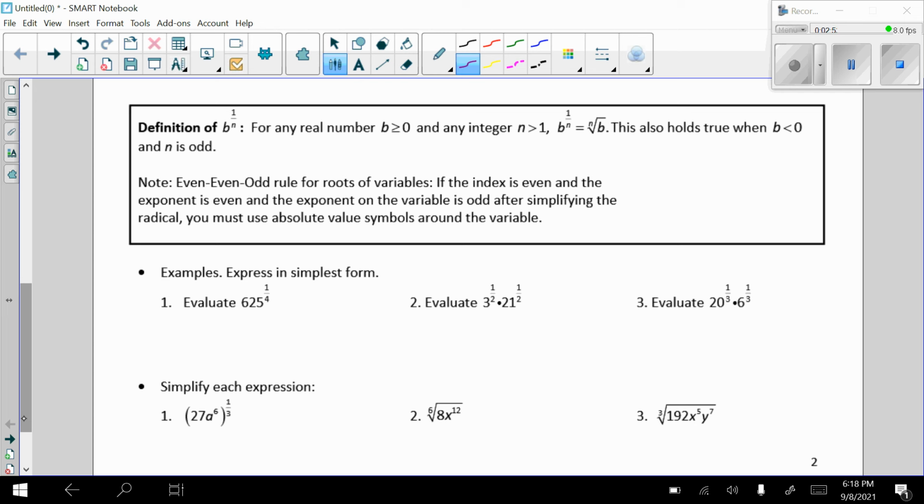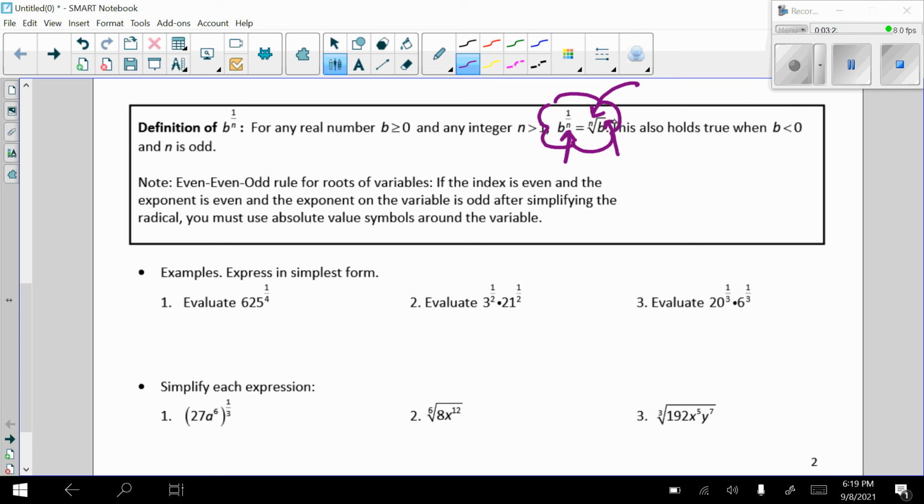I do want to remind you that when we have something raised to a fractional exponent or a rational exponent, we can rewrite that as a radical. I want you to remember that whatever the denominator is here, that is the index of our radical. Okay, and whatever the numerator is here in our power, that would actually be the exponent in here. It's just 1, so we didn't write it.